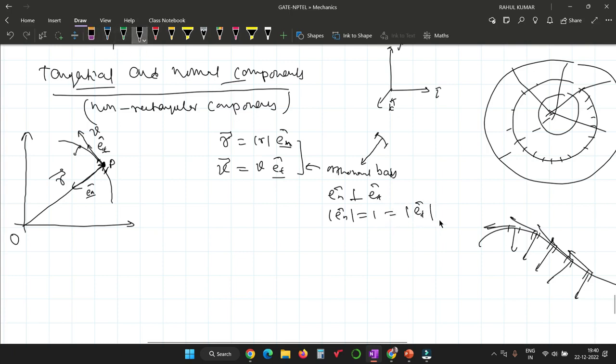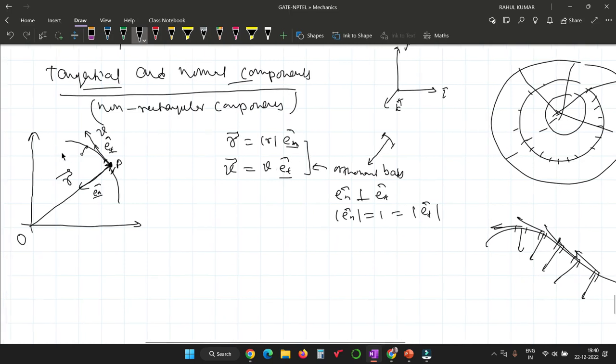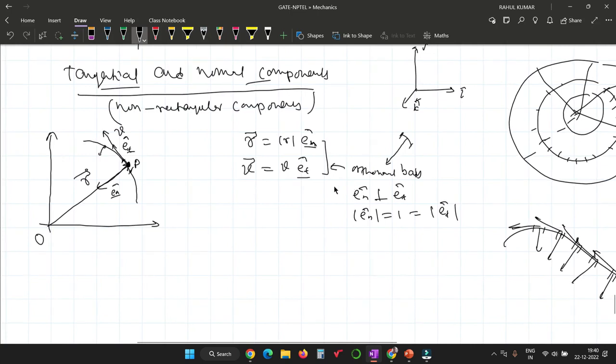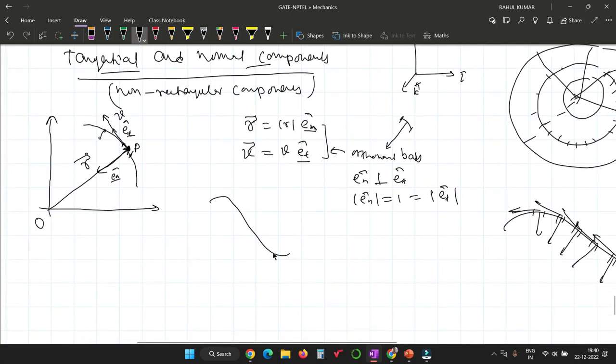Sir, is it always necessary that the En will intersect the origin? No, I mean you have to fix the coordinate system. Suppose origin is a reference point; for this arc, you can take this as origin. For rectilinear motion, there is nothing like origin.